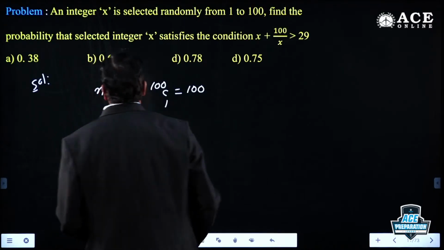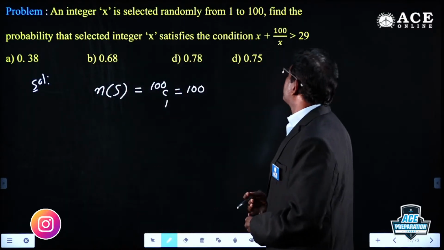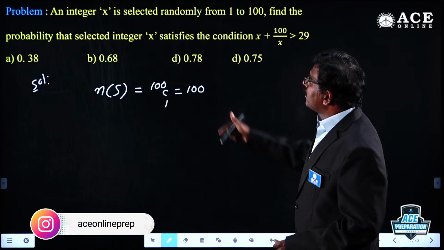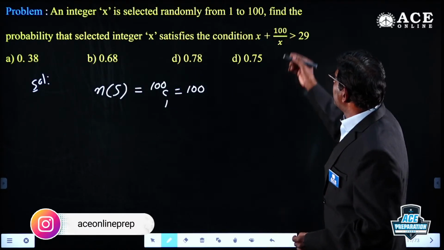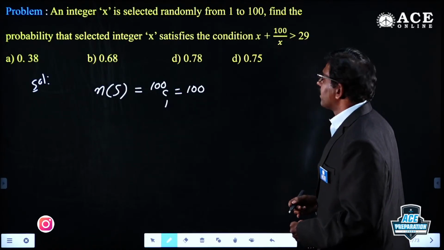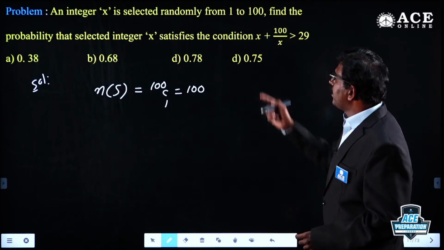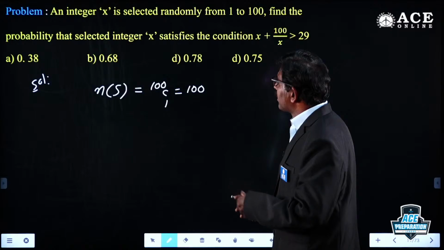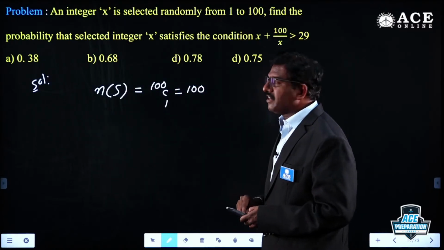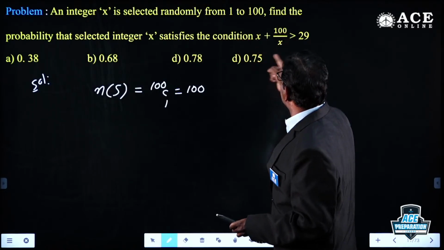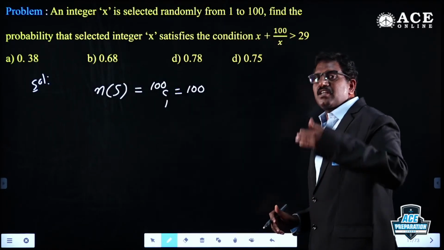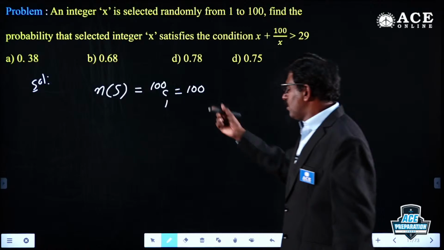Now coming to the numerator. The numerator always comes from the question only. Find the probability that the selected integer x satisfies the condition x plus 100 by x is greater than 29. Among these 100 integers, the number of values of x which satisfy this condition comes in the numerator.